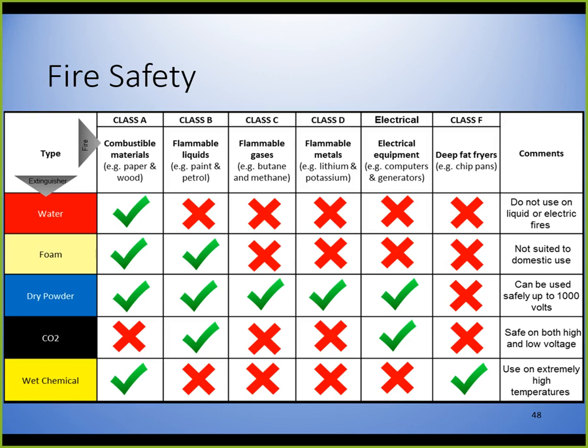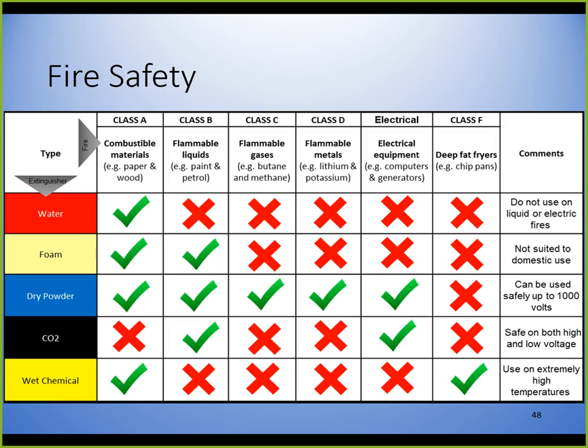Class C, they have here flammable gases, and then on down the line we have electrical. Both of them are going to be with dry powder for the flammable gases, butane and methane. For electrical, it's got the dry powder and the CO2. You can use the dry powder, but you're going to probably wind up with a lot of corrosion in your electrical equipment. So, can it be used? Yeah.